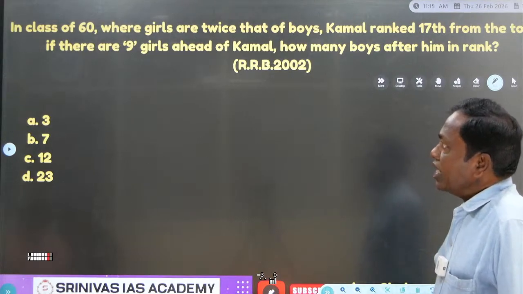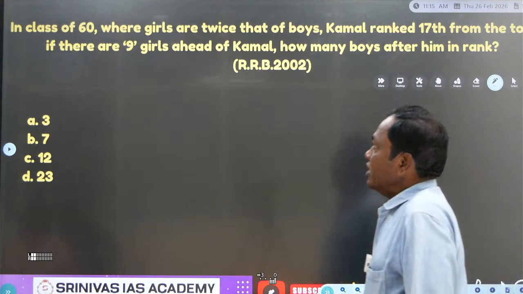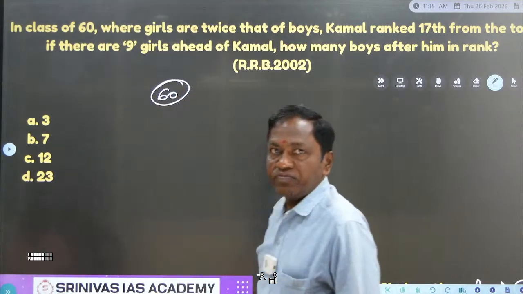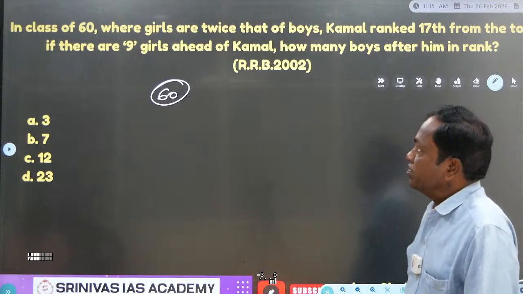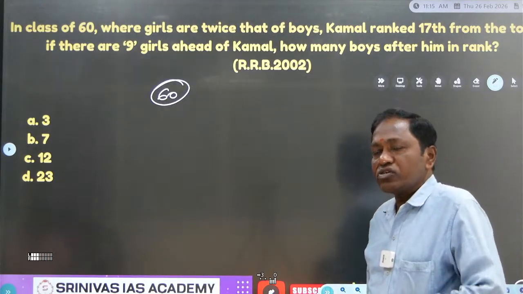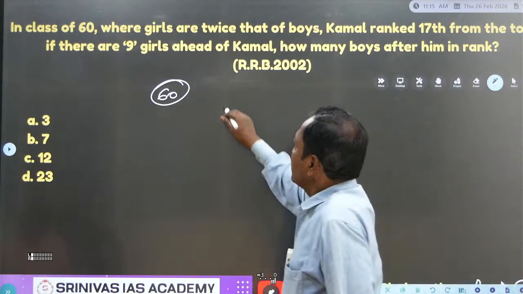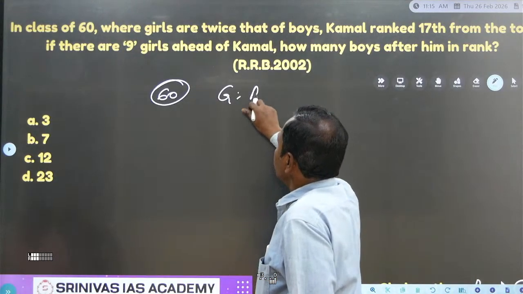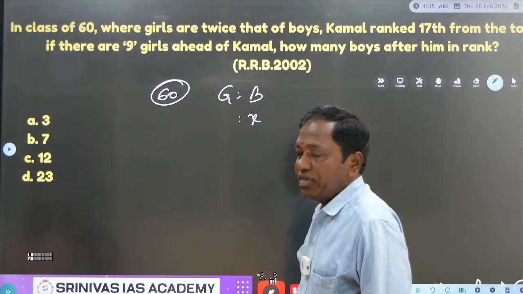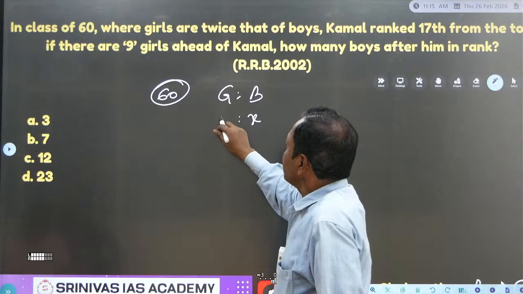Now, in a class of 60, the total size of the class given in the question is 60, where girls are twice the boys. Let the boys be 1x, and the girls twice the boys, 2x.